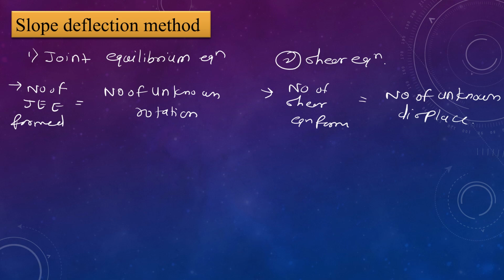Here we consider one example to differentiate between the joint equilibrium equation and the shear equation. This is a frame with fixed supports.